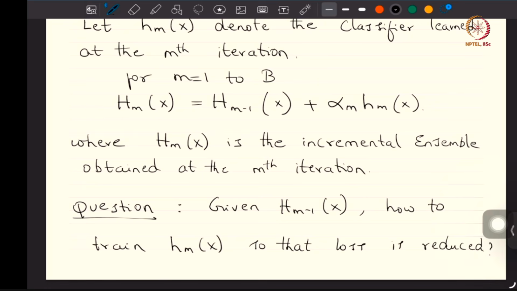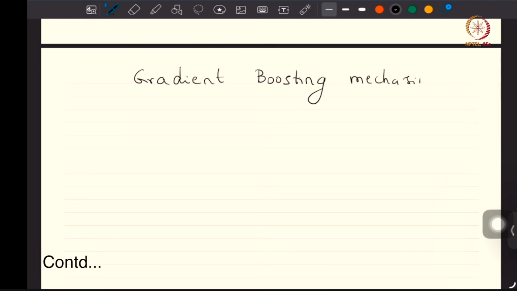We have an ensemble till the (m-1)th step. How do we now train the mth classifier so that the mistakes made by the (m-1)th ensemble have been corrected? That is the question that we will be asking. We will see a principled way of doing it, which is called the gradient boosting mechanism. We will stop here and continue in the next lecture.